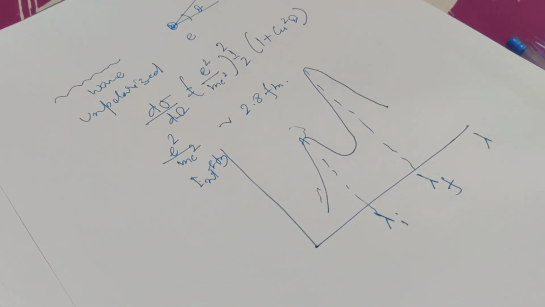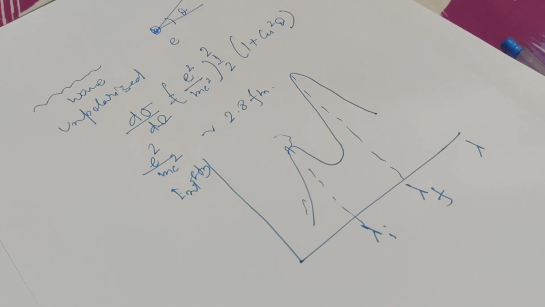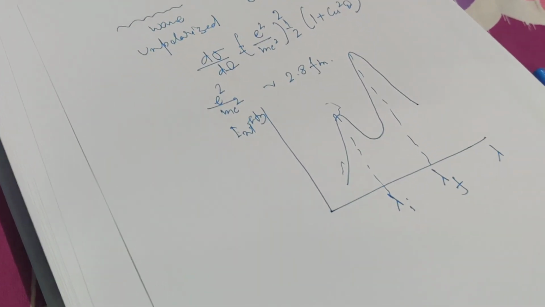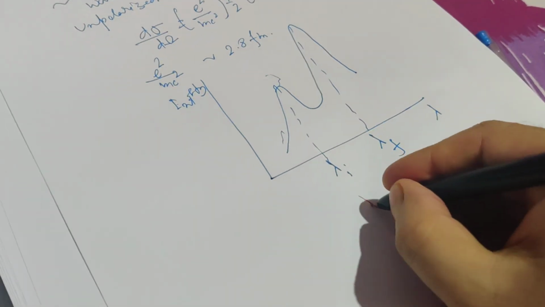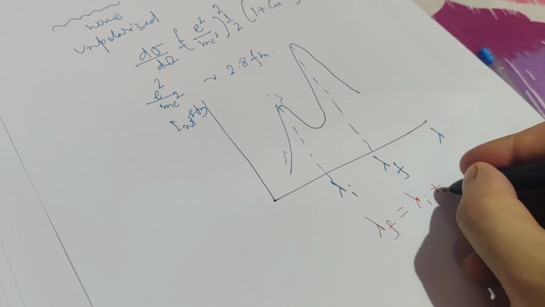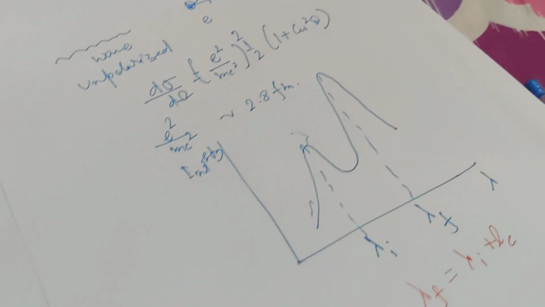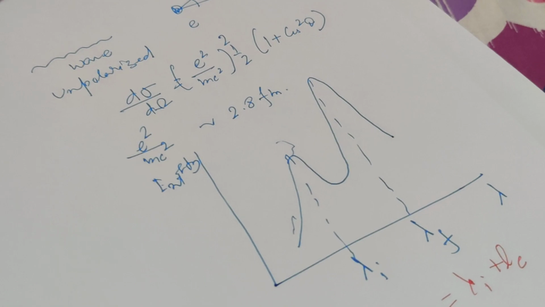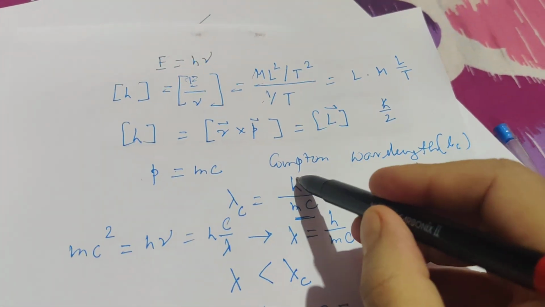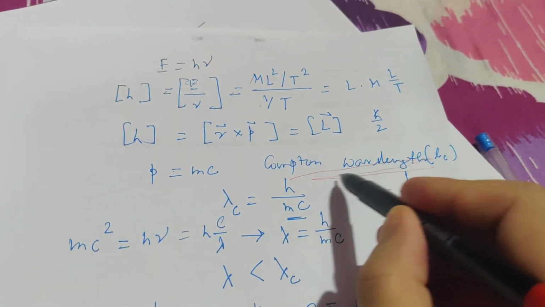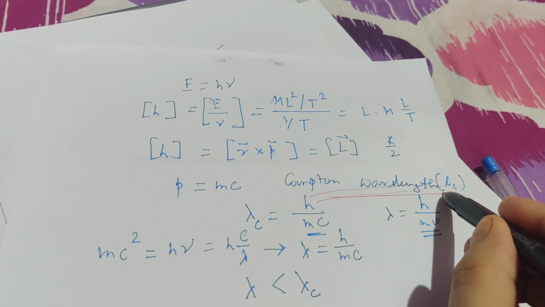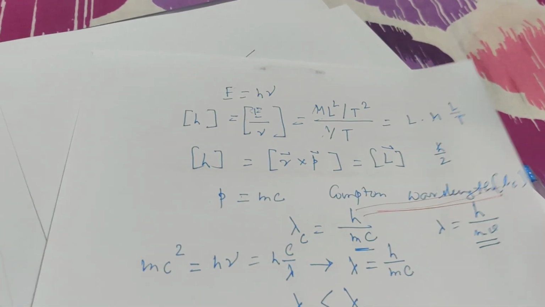The incident photon wavelength is lambda I, and the scattered photon wavelength lambda f has the relation that lambda f is nothing but lambda I plus lambda C, where, from our previous discussion, the Compton wavelength is denoted by lambda C, that is the dimension of length.